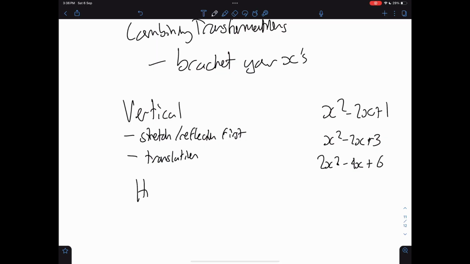And then for horizontal, it's the opposite. I tend to translate first, and then I do the stretch or reflection afterwards.